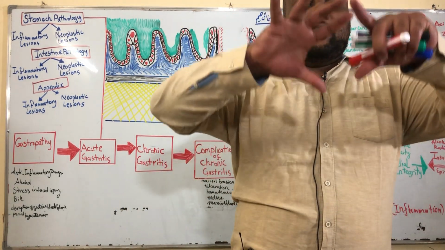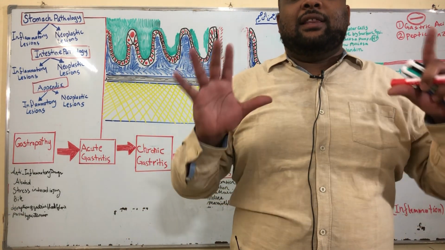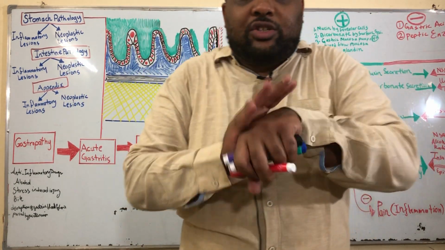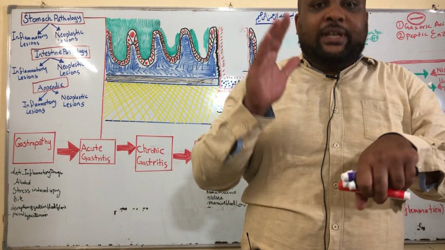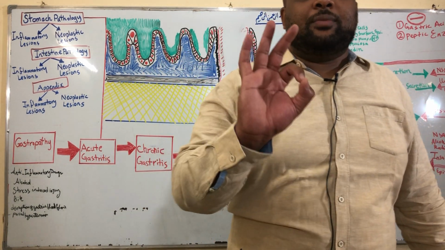So you have this pool of acid that is contained in the stomach, but the stomach is not in direct touch with that acid. What is in touch with that acid is that mucous membrane.